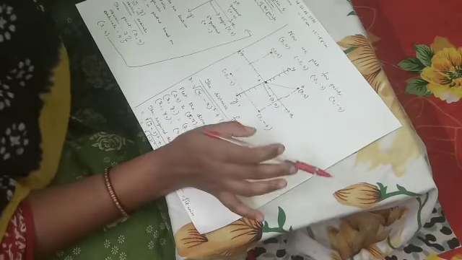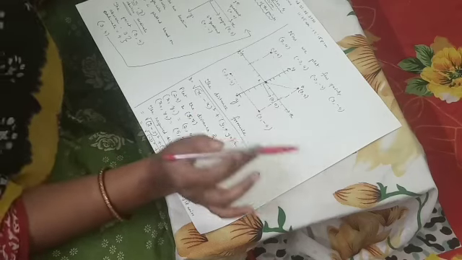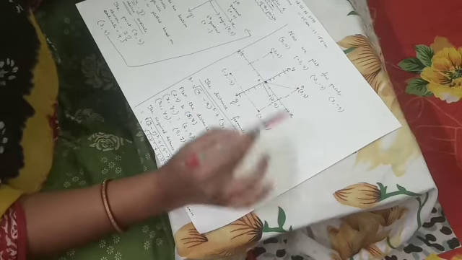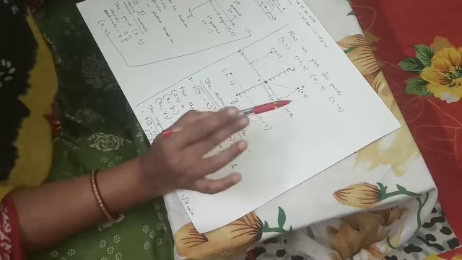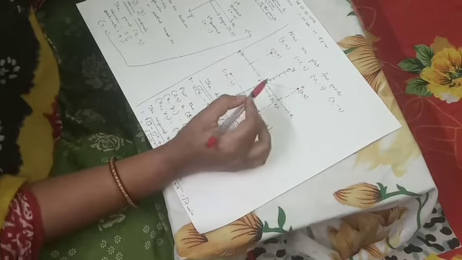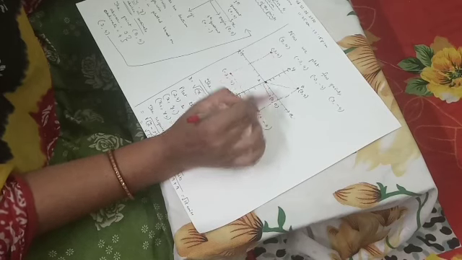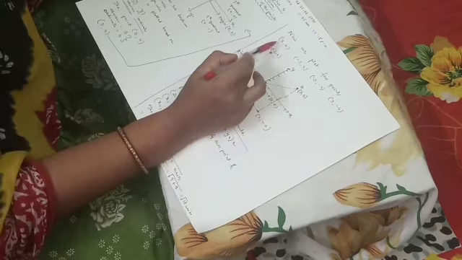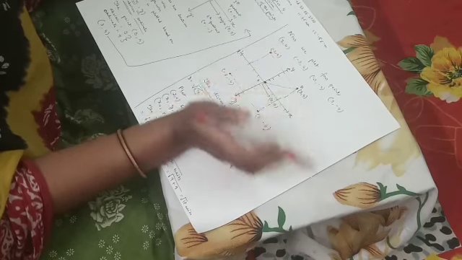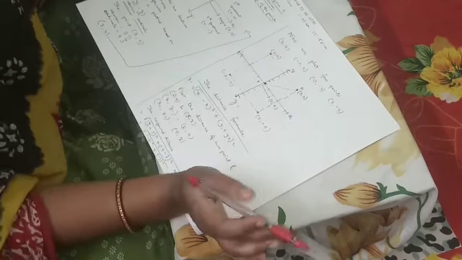I am going slow, children. I hope by this time you have all plotted the x-axis, y-axis chart in your copy. Now just make 5 unit distance, not more than that, because our required distance is 3 to 4, not more than that.